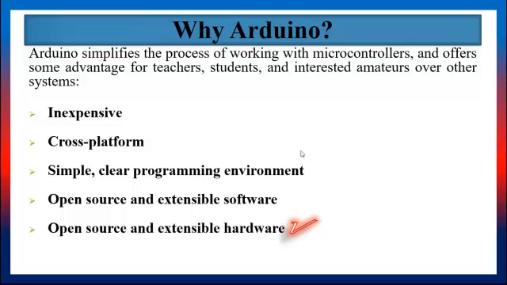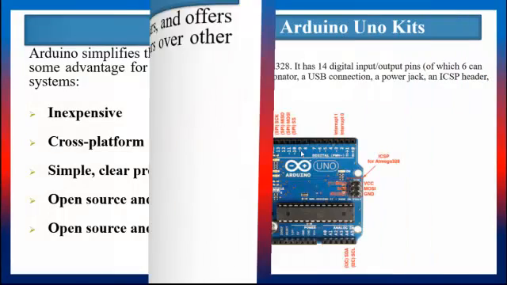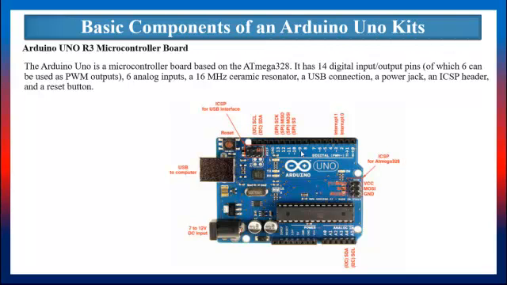Now, the basic components of the Arduino Uno kit. The Arduino Uno is a microcontroller board based on the ATmega328. It has 14 digital input/output pins, of which 6 can be used as pulse width modulation outputs, and 6 analog pins, a 16 MHz ceramic resonator, a USB connector, a power jack, an in-circuit serial programmer header, and a reset pin.